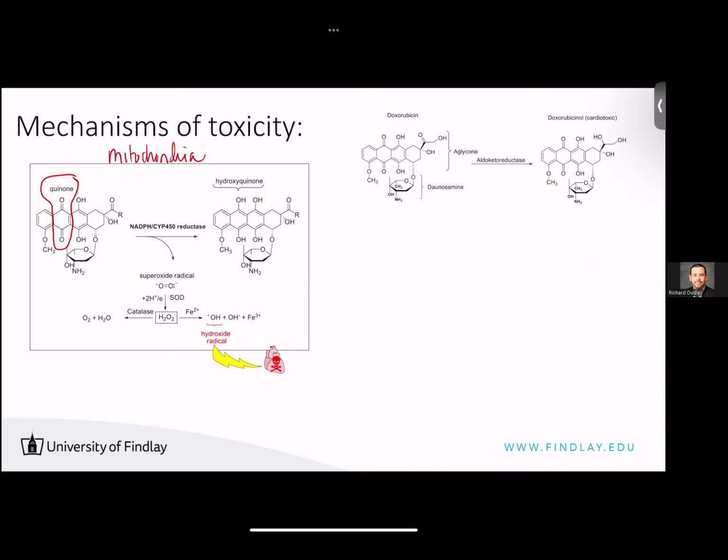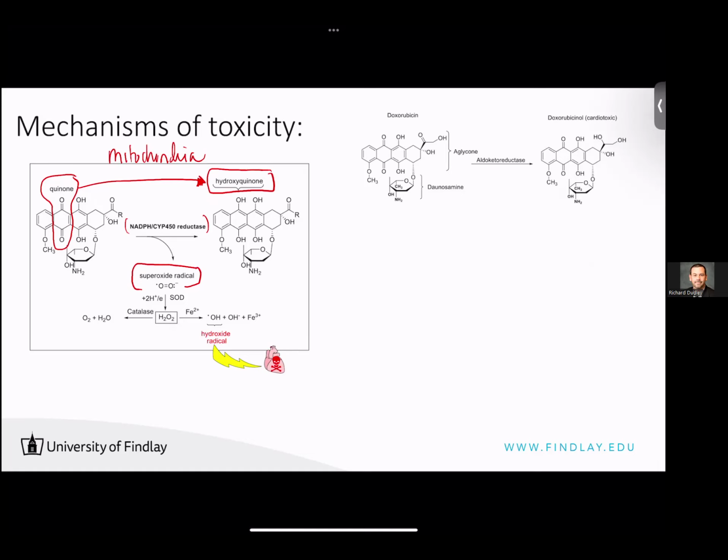And when it gets into the mitochondria, what can happen is that quinone can actually get reduced to the hydroquinone, as I suggested earlier. And CYP450 reductase, NADPH CYP450 reductase, is the enzyme that's responsible for converting the quinone to the hydroquinone. Okay, fine. What happens though is during that reduction reaction, the cell is ultimately going to produce the superoxide radical from oxygen.